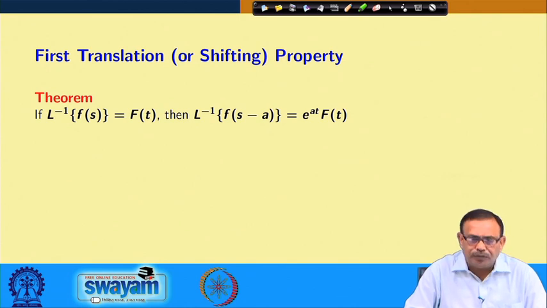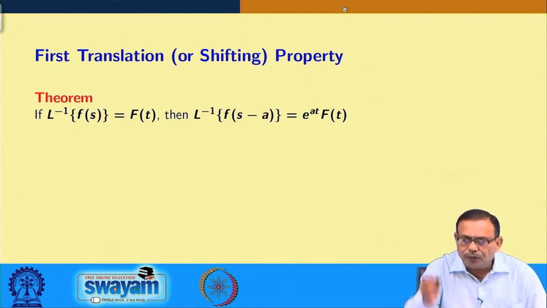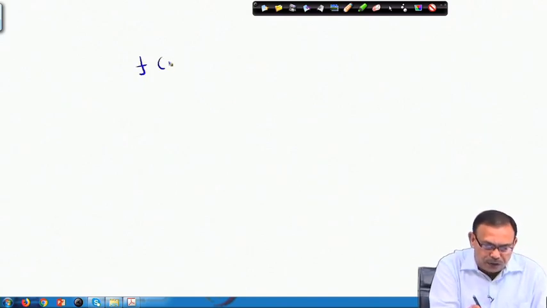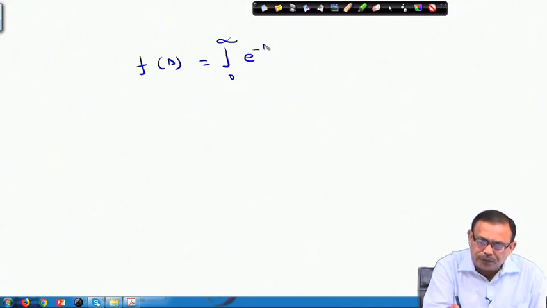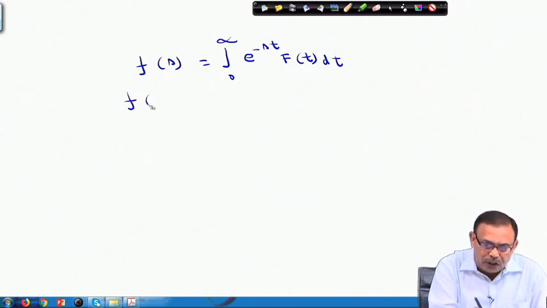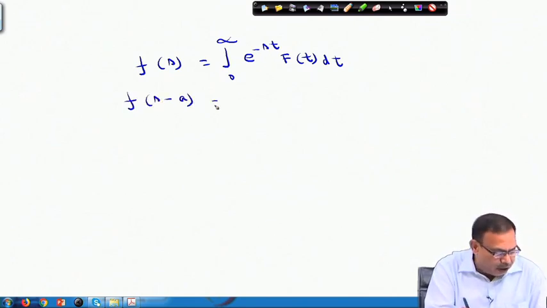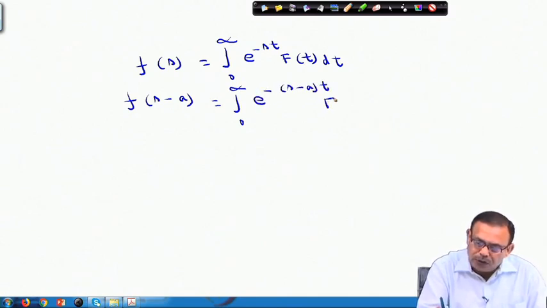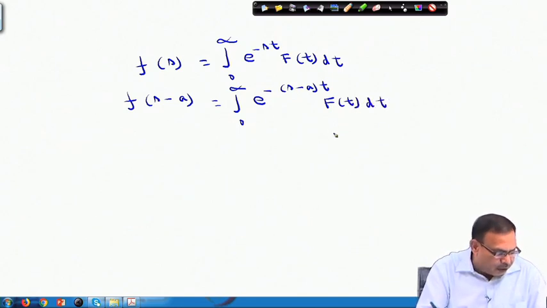For the proof of this one, F(s) we know is the integral from 0 to infinity of e power minus s t into f(t) dt. Therefore, from here you can write down F(s minus a) as the integral from 0 to infinity of e power minus (s minus a) t into f(t) dt, where s is replaced by s minus a.